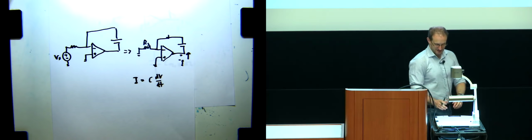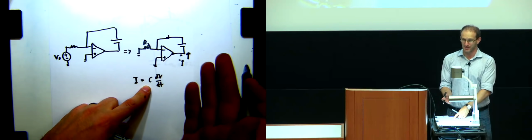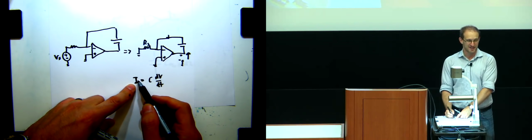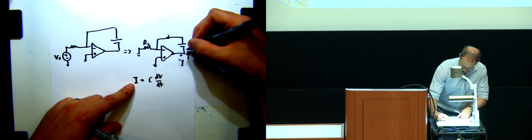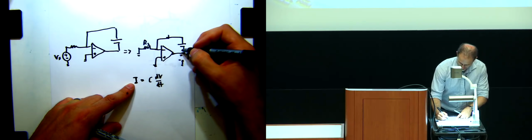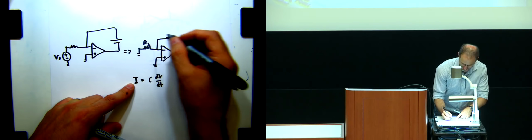If I try to change the voltage over here, that means some current has to flow. That current has to go through the capacitor and into the resistor.